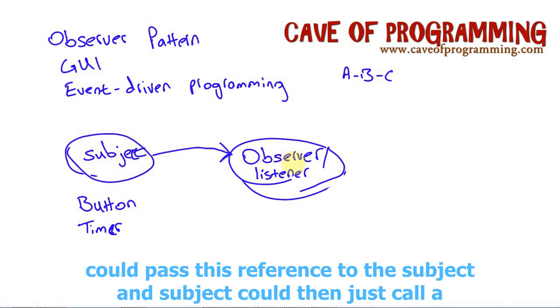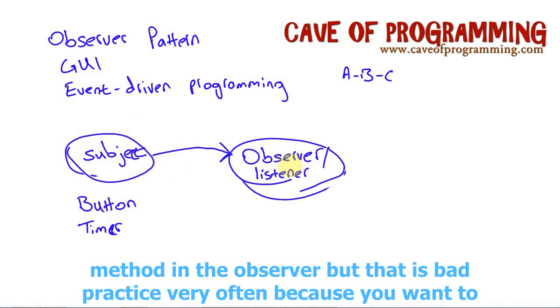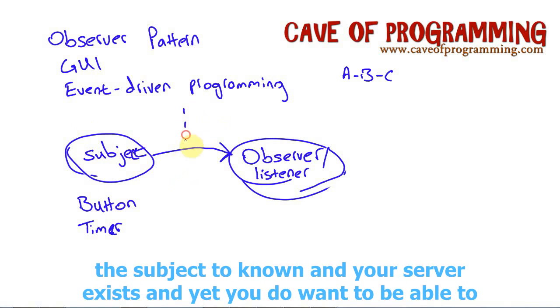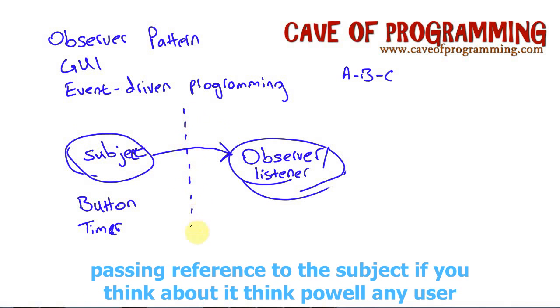You could pass this reference to the subject, and the subject could then just call a method in the observer. But that is bad practice very often, because you want to try not to have these two objects tightly coupled. Ideally, you don't want the subject to know that the observer exists, and yet you do want to be able to pass a reference to the observer to the subject.